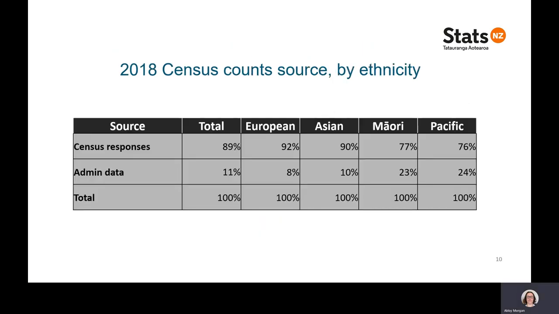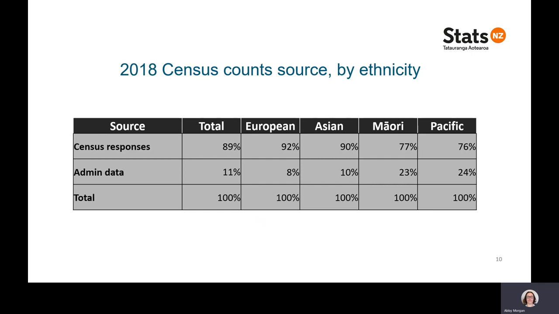So results. As you can see in this table, admin data does a really good job at bringing in those populations that were hard to count. So you'll see that we're bringing in a lot more admin records for Māori and Pacific populations than we are for European and Asian.